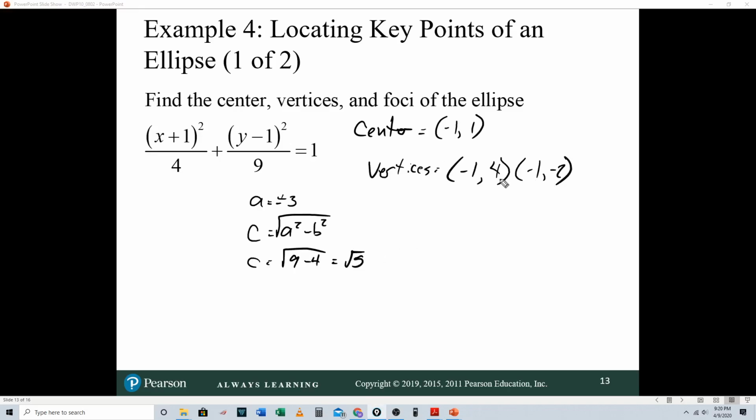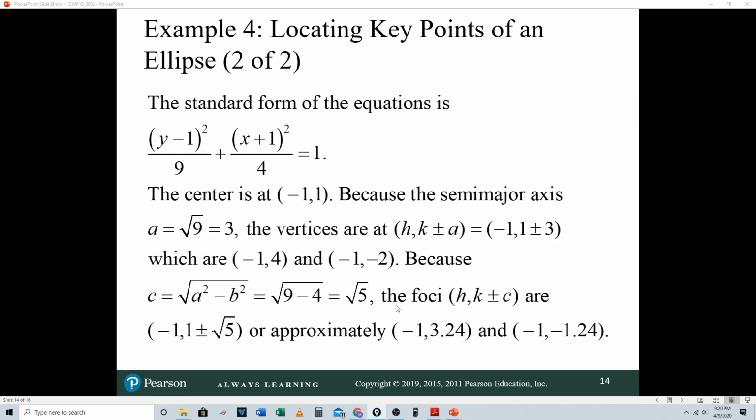It's a little harder to deal with the square root of 5, so again, we're going to add or subtract the square root of 5. So the foci are (-1, 1 plus square root of 5) and (-1, 1 minus square root of 5). So center, (-1, 1). Vertices, (-1, 4) and (-1, -2). And the foci are (-1, 1 plus or minus square root of 5).